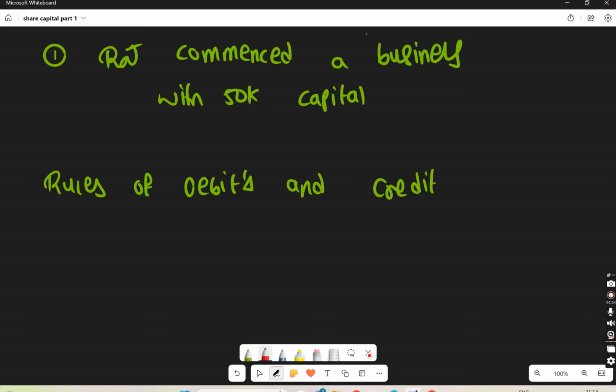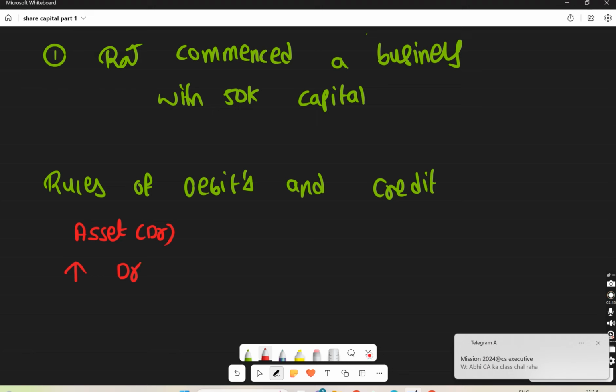What should be credited? If it is an asset, it normally shows a debit balance. If you want to increase it, you debit it. If you want to decrease it, credit it.